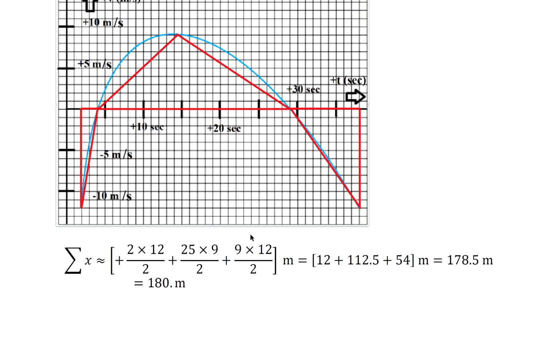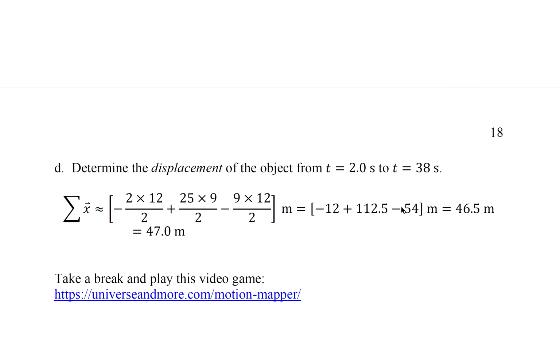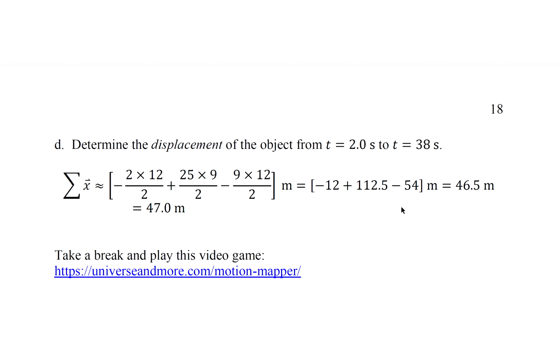So you take the area under the curve using approximately a triangle equation, and this is what you get. And the displacement, remember, if we're under the horizontal axis, then we get a negative sign. If we're above the horizontal axis, then we get a positive sign. That's the difference between displacement and distance.